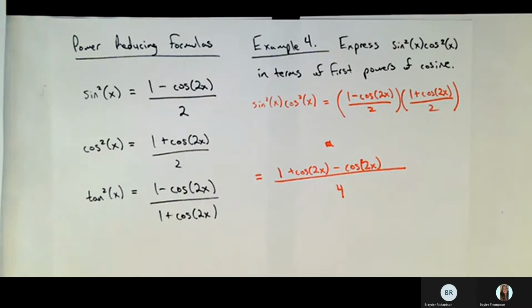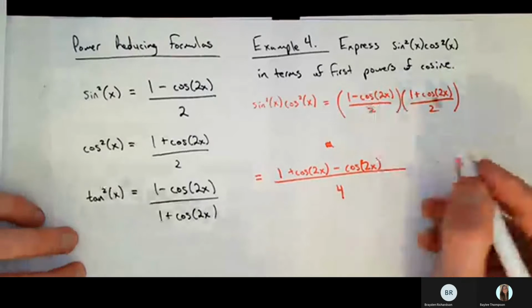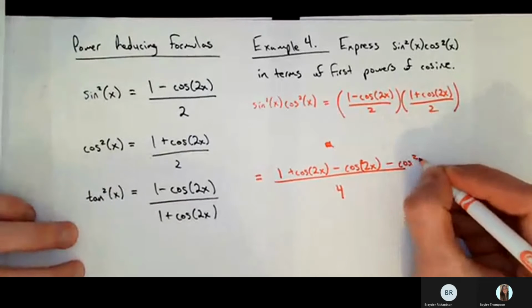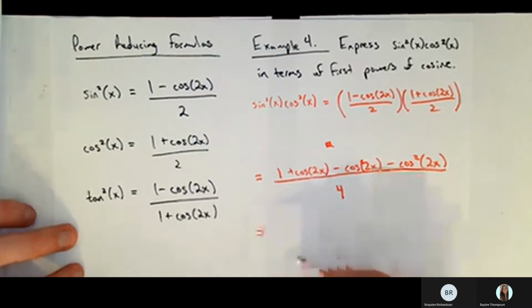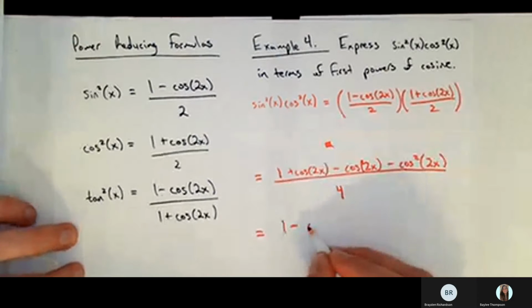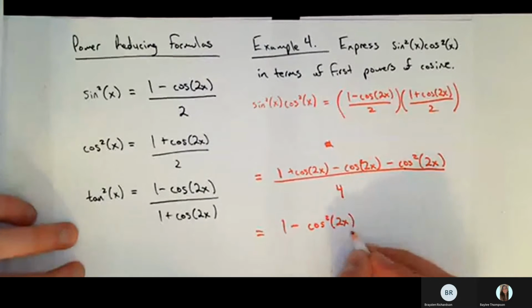So it's like a difference of squares. Negative cosine 2x times positive cosine 2x gives me negative cosine squared of 2x. Middle terms cancel, and I just get 1 minus cosine squared of 2x all over 4.